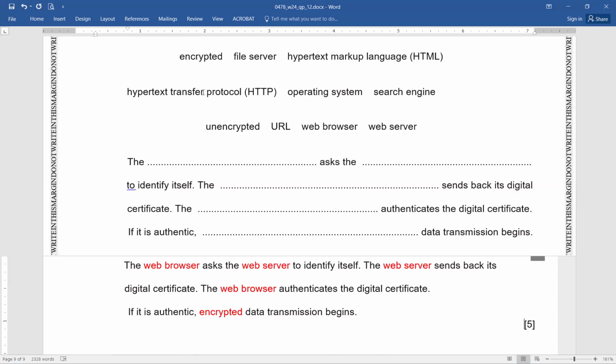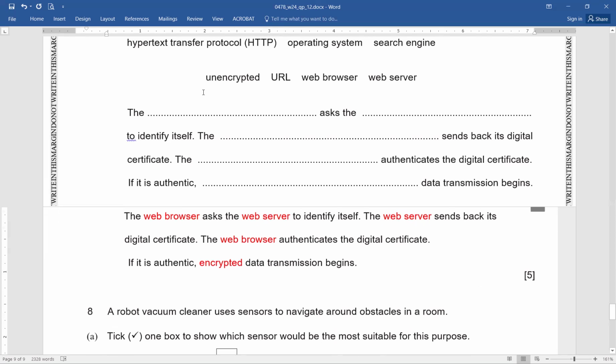I remember that we have actually learned through our web browser also. We showed you that this is how the certificate is there to validate the authenticity of the website. So the web server owns the certificate, and this is its identity. Okay? Any questions? You all scored 5 out of 5?